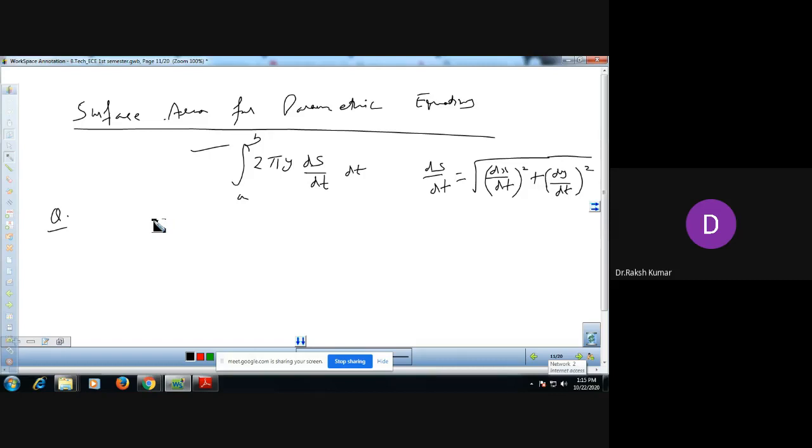They are saying, find the surface area of the solid generated by the revolution of the curve x raised to power 2 by 3 plus y raised to power 2 by 3 is equal to a raised to power 2 by 3 about the x-axis. This is the shape of the figure.